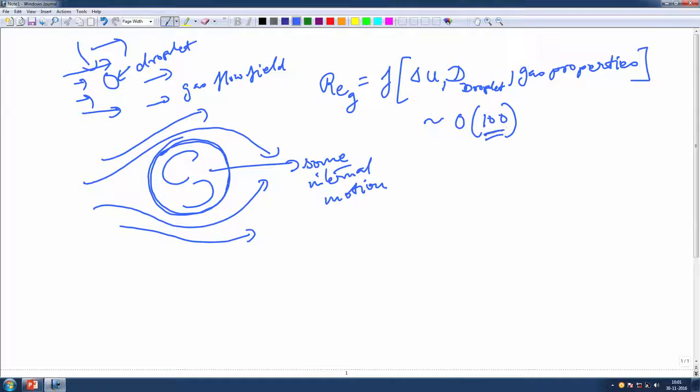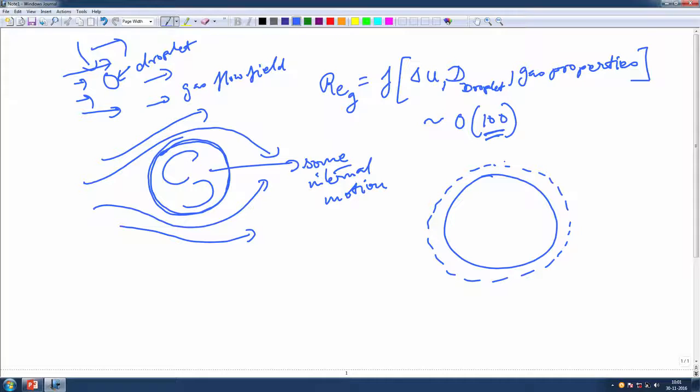Whenever you have a Reynolds number in that particular region, what do you expect to see? If this is the droplet, you will have some kind of boundary layer that will develop around the droplet, that is, a gas phase boundary layer. One will be the momentum boundary layer, one will be the thermal boundary layer, depending on what the gas phase Prandtl number is.